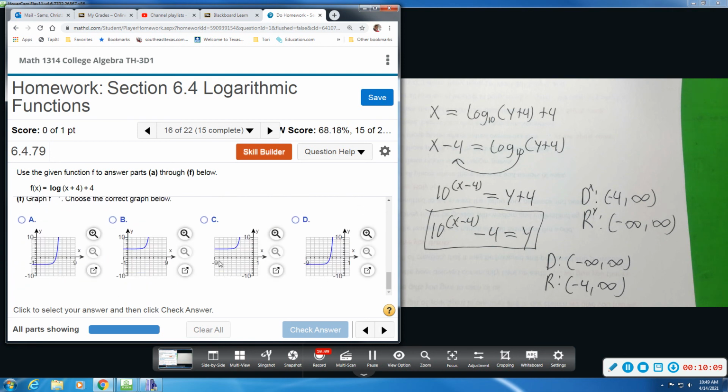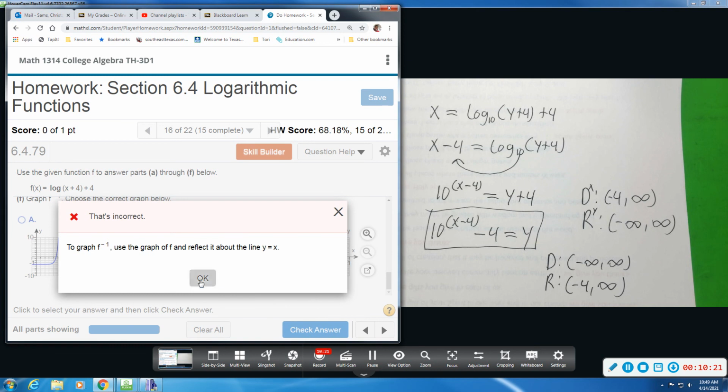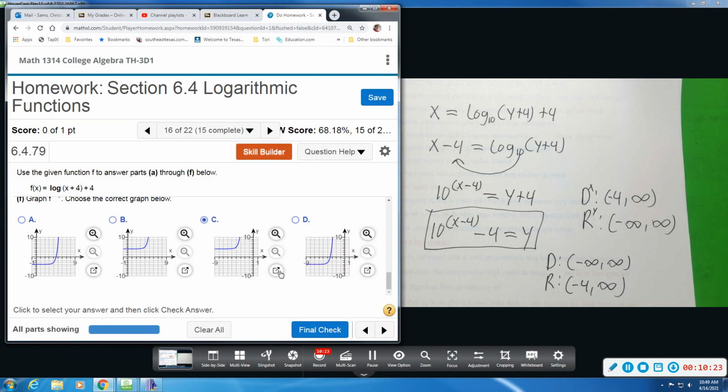I'm looking at this shape right here. It should be on the left side of that graph. Okay, they don't like that. So again, it is hard to visualize that. I was pretty sure it would be that one. I don't think it got moved over.